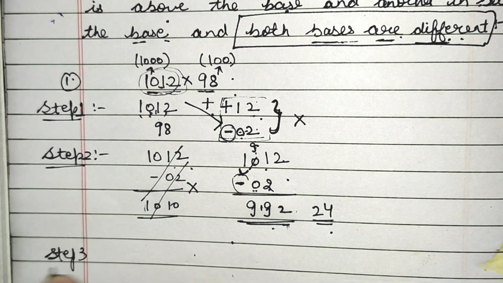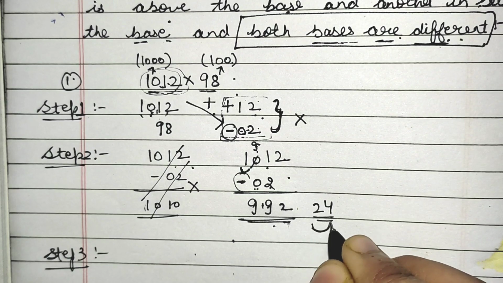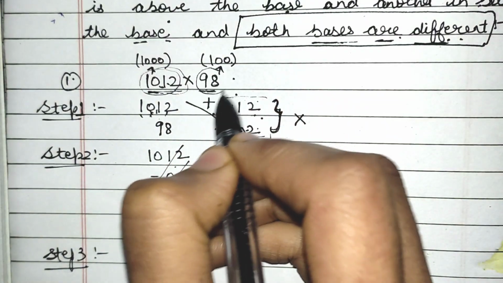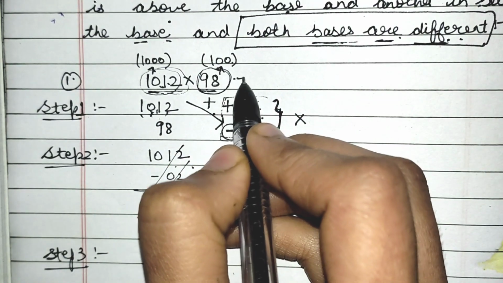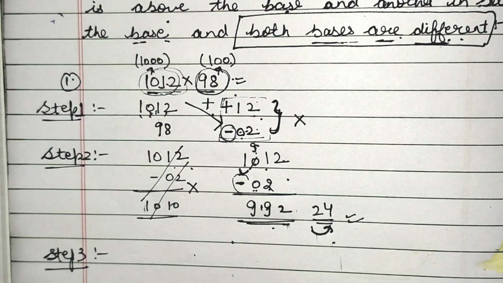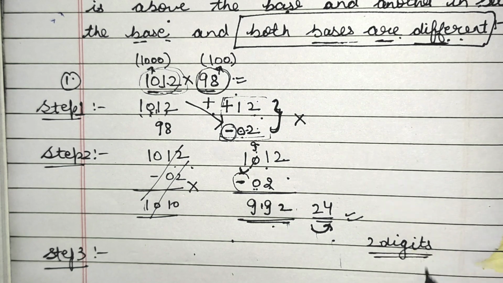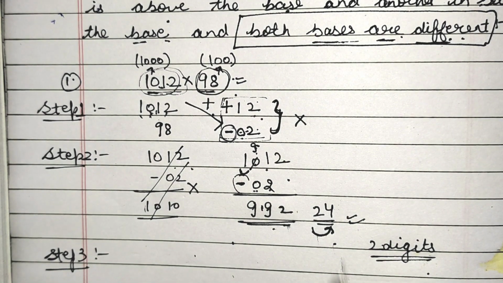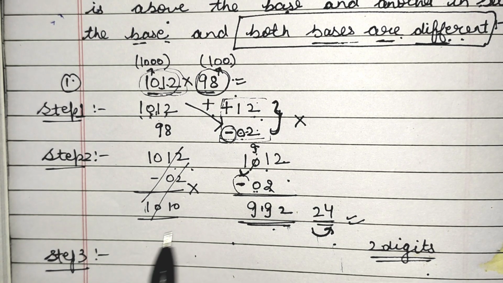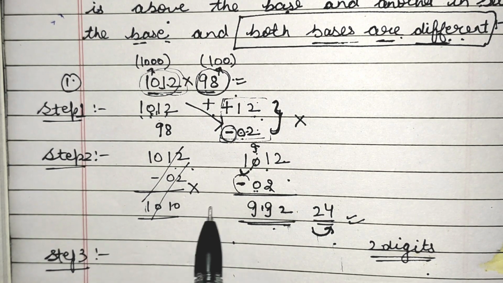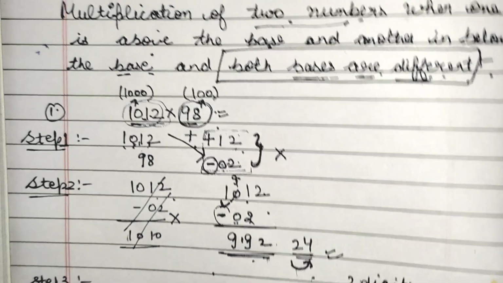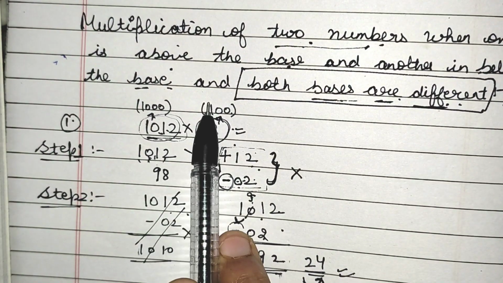Now check at the last of this how many digits are allowed. The base is 100, so two digits are allowed at the end, and we are having 2 digits. So we do not need to do anything in this step. Step number 3, which I explained in the previous video, is for when one number is above the base and one number is below the base.